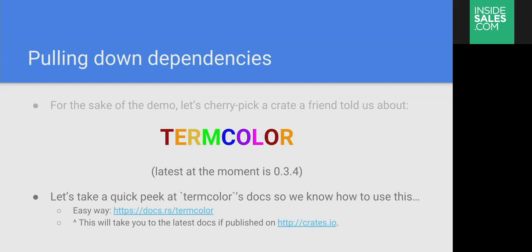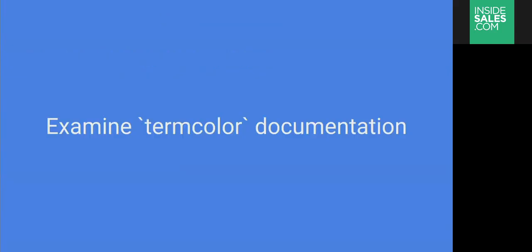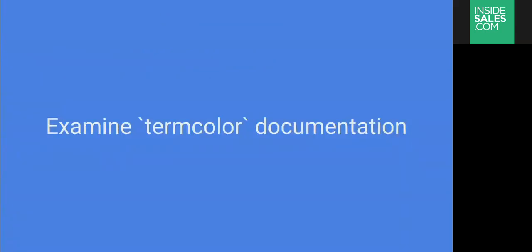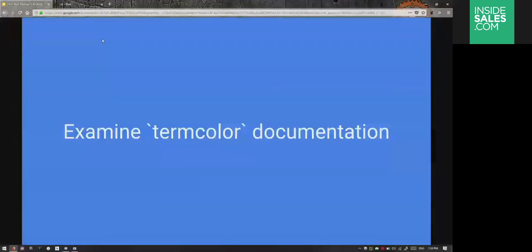Okay, I do have screenshots, so we do have a good enough substitute to doing it live. The easy way that I would do this is just type in this URL, right? You know, docs.rs/term color. Oh, I don't have a screenshot of the term color documentation, but I don't want to steal Anders' thunder, so we'll do this really fast.